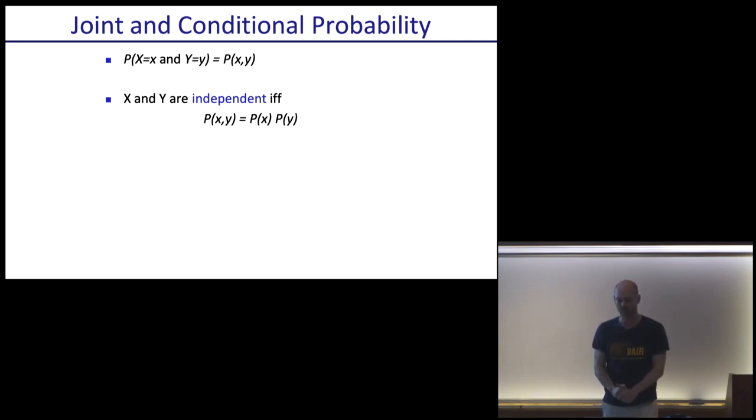If that's the case, actually knowing x does not tell you anything about y or the other way around. So it's actually a not so interesting case. Mathematically, it simplifies things. But yeah, if you had a sensor where your sensor is independent of the state of your system, the sensor cannot inform you about the system.